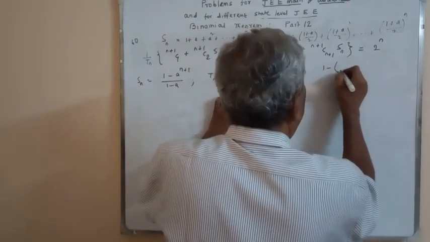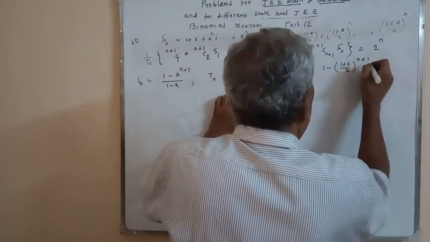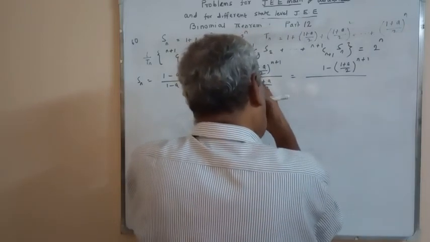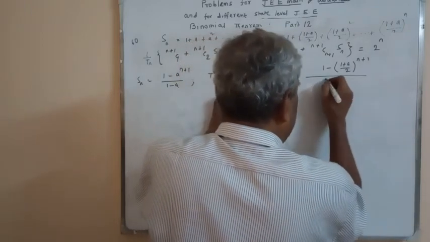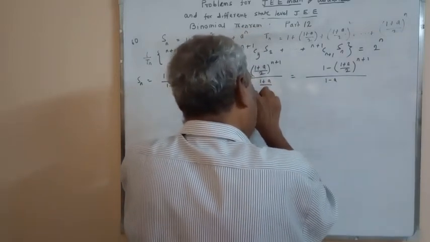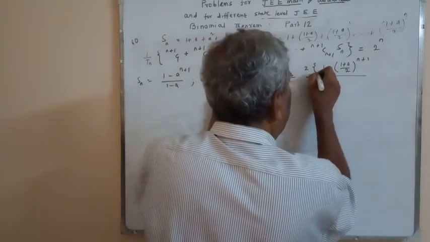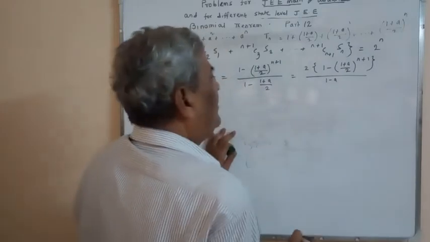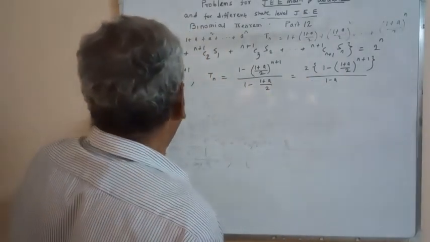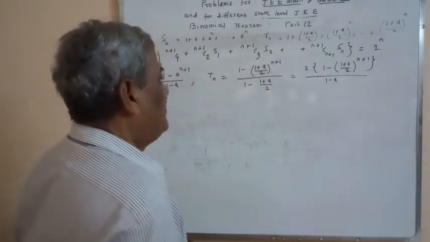Here 2 minus 1 minus a is 1 minus a, by 2, so 2 is there. So Sn is equal to this and Tn is equal to that.